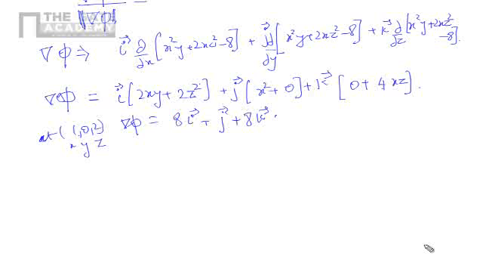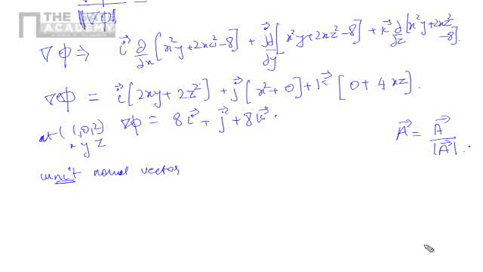Now how will you find the unit normal vector? Whenever you are asked to find the unit vector, see, if you have a vector called a vector, the unit vector along a vector is nothing but a vector divided by modulus of a.